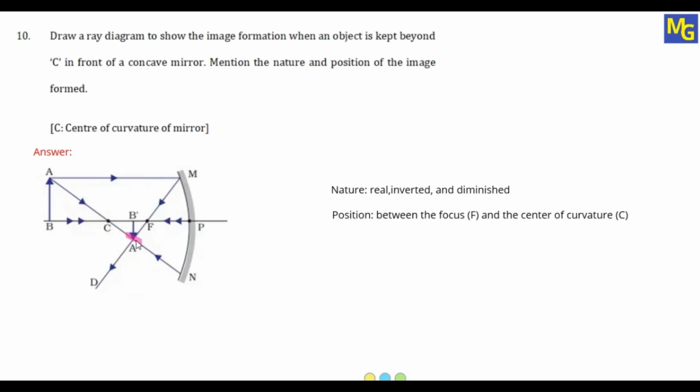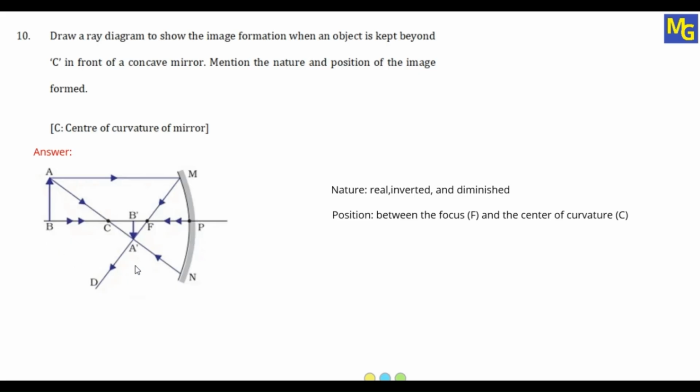Here you can see this point of intersection A dash. If we draw our image here, A dash, B dash, this is the position of the image. So this is the ray diagram for the object when we keep it beyond C.